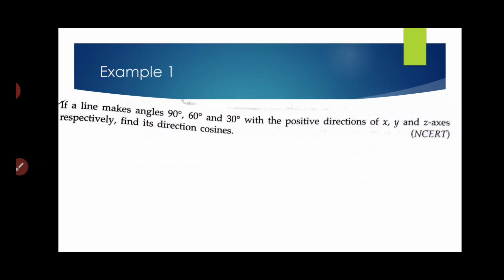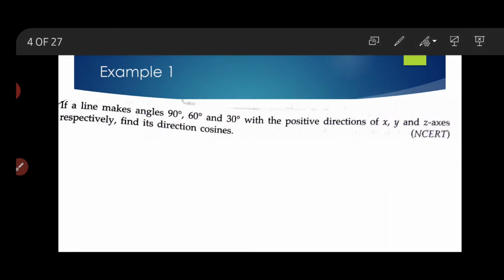It is given: if a line makes angles 90 degrees, 60 degrees and 30 degrees with the positive direction of the x, y and z axes respectively, find its direction cosines. Now, as we have done in our previous chapter, that is the chapter on vectors, if any line makes the angles alpha, beta and gamma with the positive direction of the axes, then cos alpha, cos beta and cos gamma give the direction cosines.